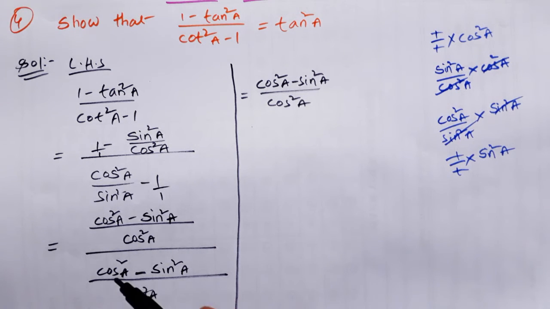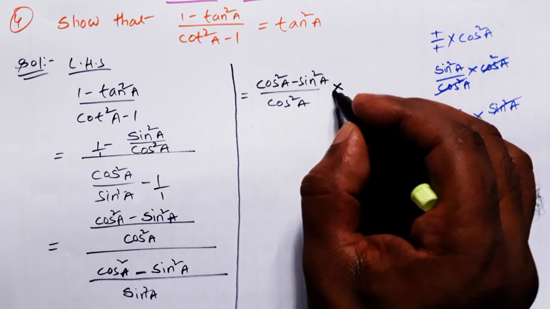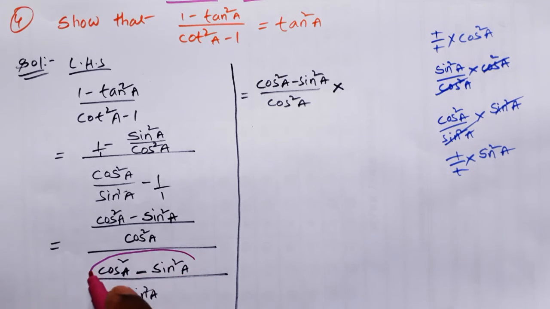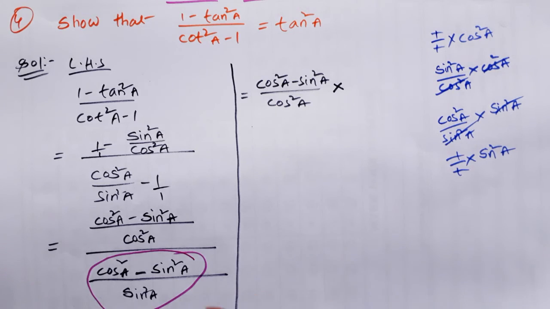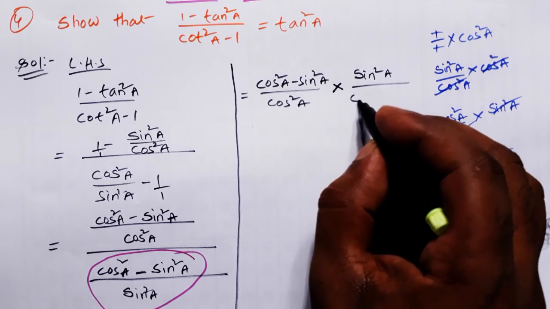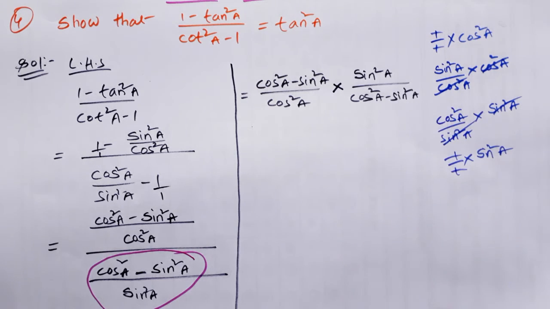In the denominator we have cos square A minus sin square A by sin square A. If we want to write this denominator value beside the numerator, we have to write its reciprocal. Reciprocal means reverse. So we write it like this: sin square A divided by cos square A minus sin square A.